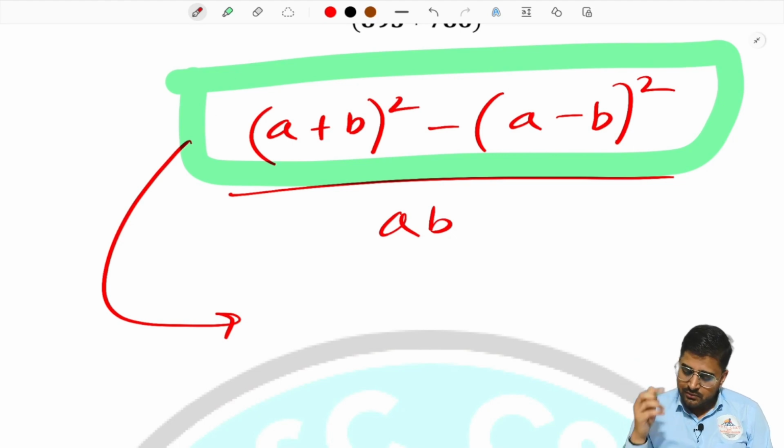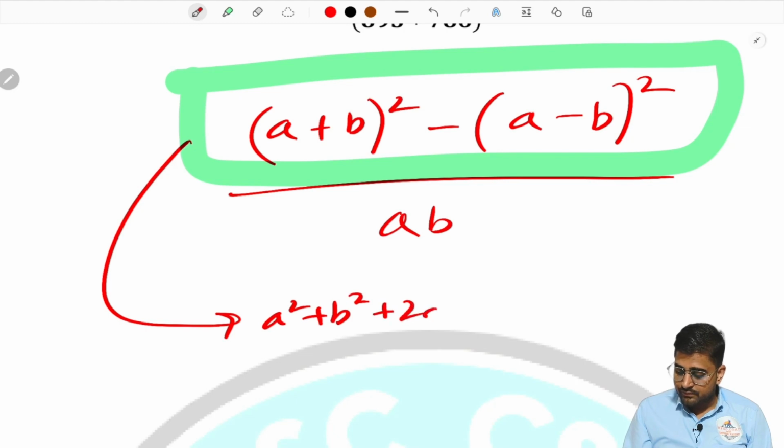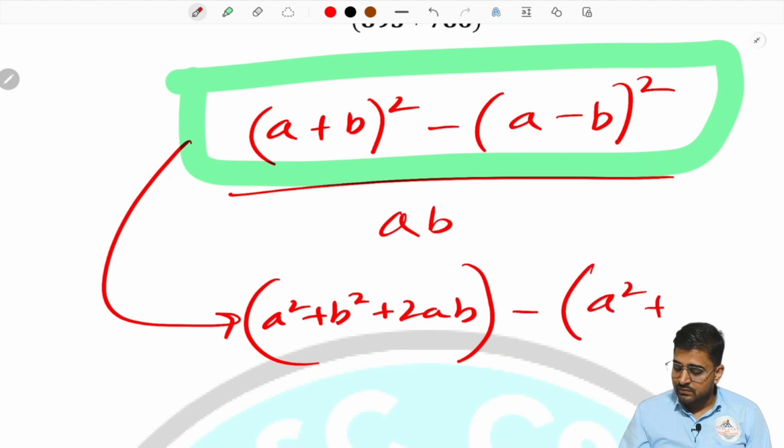What I am saying, please have a look. Let's open this expression. When we open a plus b whole square, we get a square plus b square plus 2ab. On the other hand, when we open a minus b's whole square, we get a square plus b square minus 2ab.